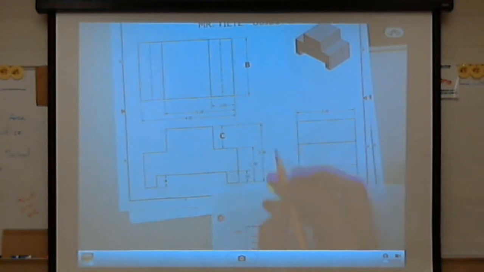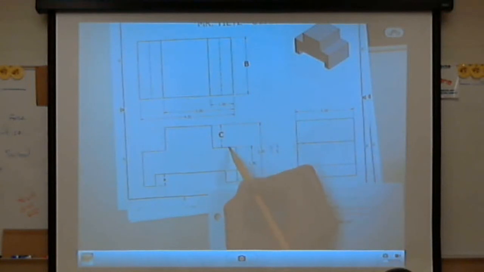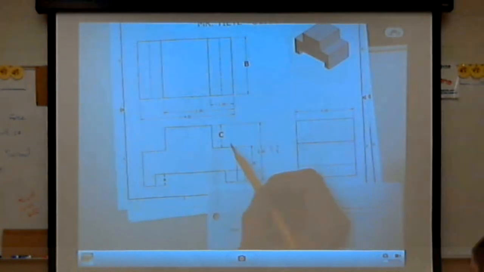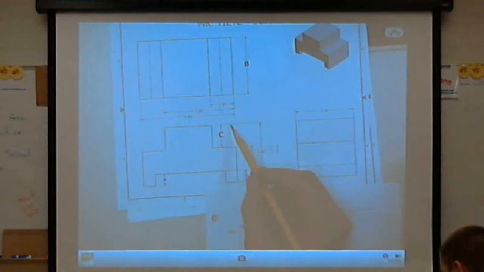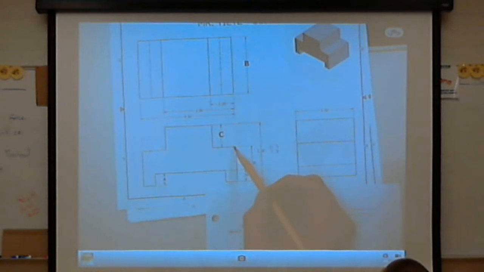So what you're going to have to do is take 2.5 minus 1.5, because I want to know what this distance is. I know the overall height of the object is 2.5 inches, and I know that from the bottom to this top edge is 1.5.